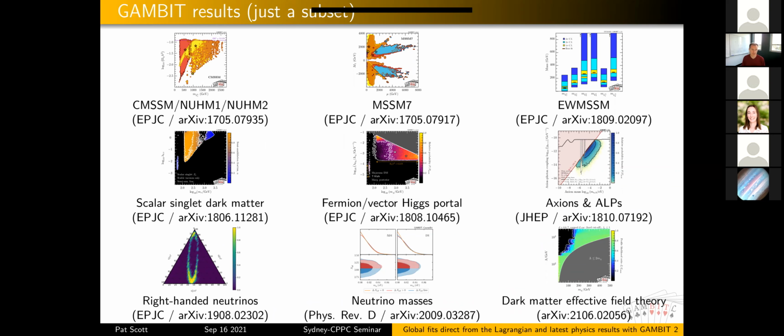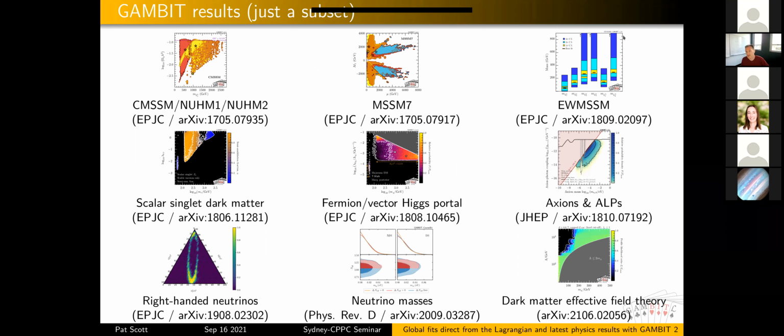So like I said, we've used this so far for studying a whole bunch of different theories. We've put out a number of papers. Okay. So we've looked at a number of different versions of supersymmetry. So there's GUT scale SUSY. There's also weak scale SUSY, this so-called 7-parameter MSSM.